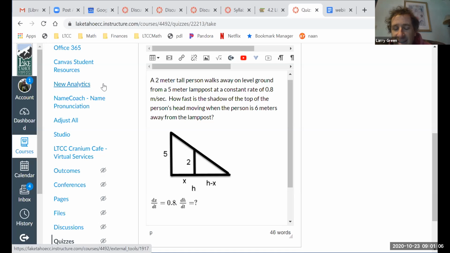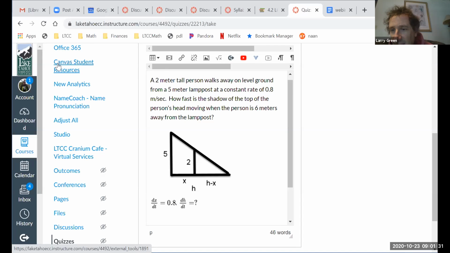The hint is you've got to go back to your geometry. For some of you it might have been a year of high school. They might have called it geometry, they might have called it integrated math, but you did it at one point. And remember, the key on this one is similar triangles.